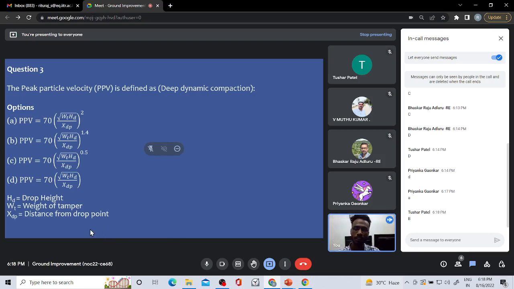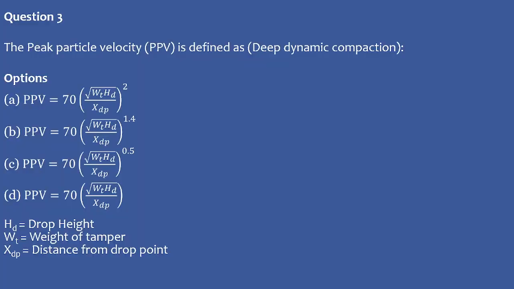Yes Tushar, it's option B. So peak particle velocity is given by the formula in option B. It depends on the weight of the tamper, the height of dropping, and the distance from the drop point. Sorry, D is basically the distance from the drop point, the point where we are using the deep dynamic compaction technique, and the area under consideration where we are considering the impact.